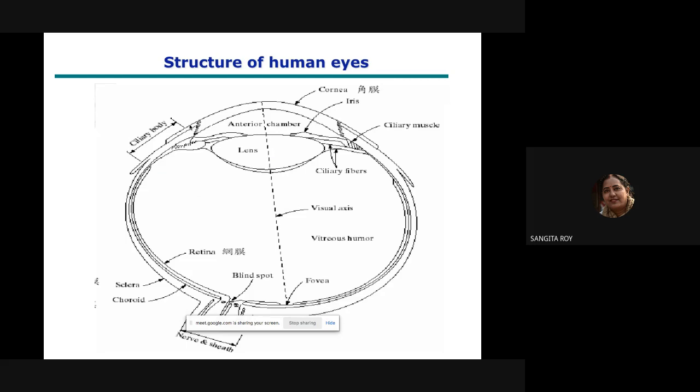The cornea is a tough, transparent tissue that covers the anterior surface of the eye. Continuous with the cornea, the sclera is an opaque membrane that encloses the remainder of the optic globe.